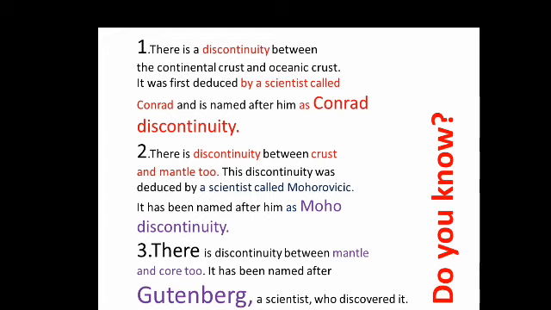So on his name, this discontinuity is known as the Moho discontinuity. And third, there is a discontinuity between the mantle and the core too. It has been named after Gutenberg, a scientist who discovered it.